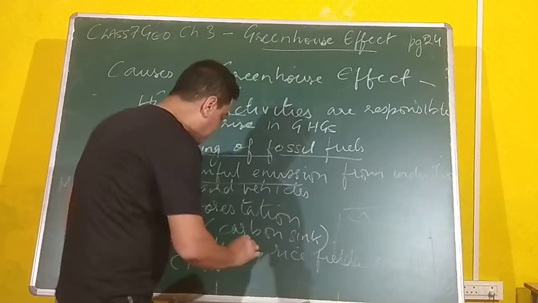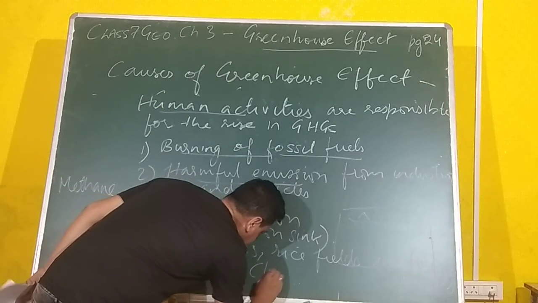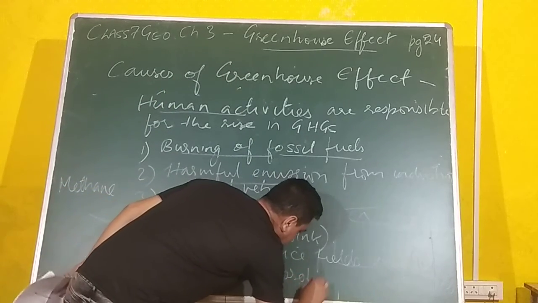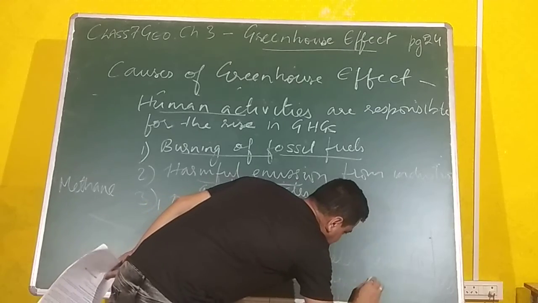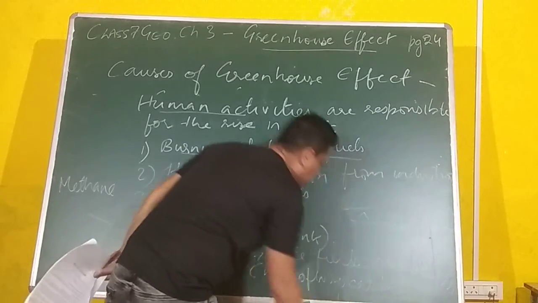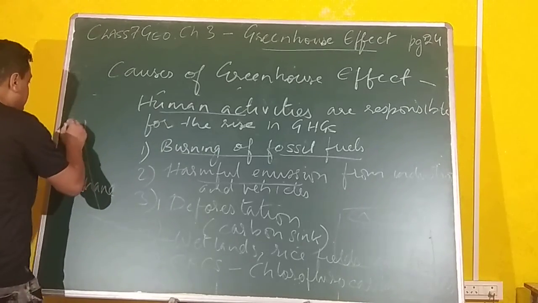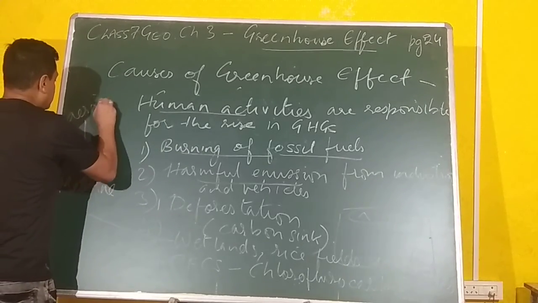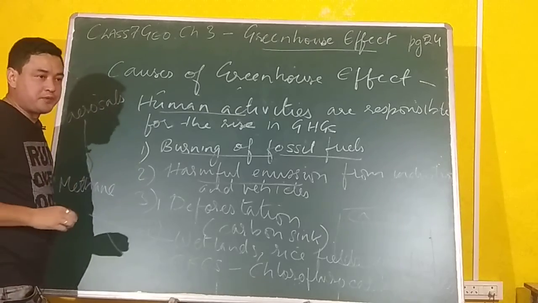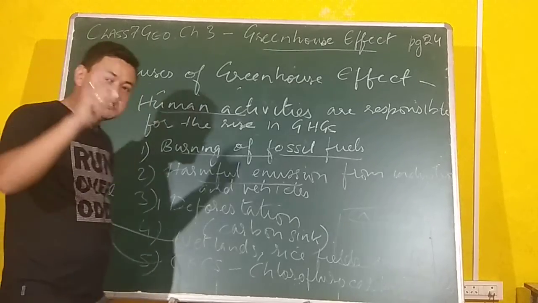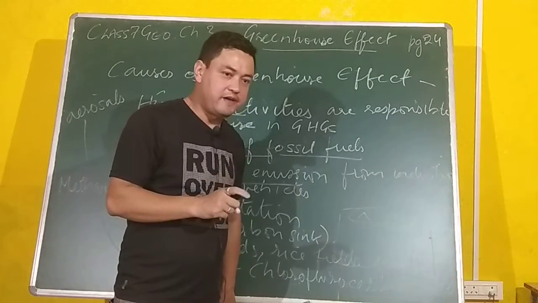This is known as chlorofluorocarbons. Whenever we are talking about chlorofluorocarbons, these are found in aerosols, that is aerosol sprays that we use, paint sprays, for bikes or cars.